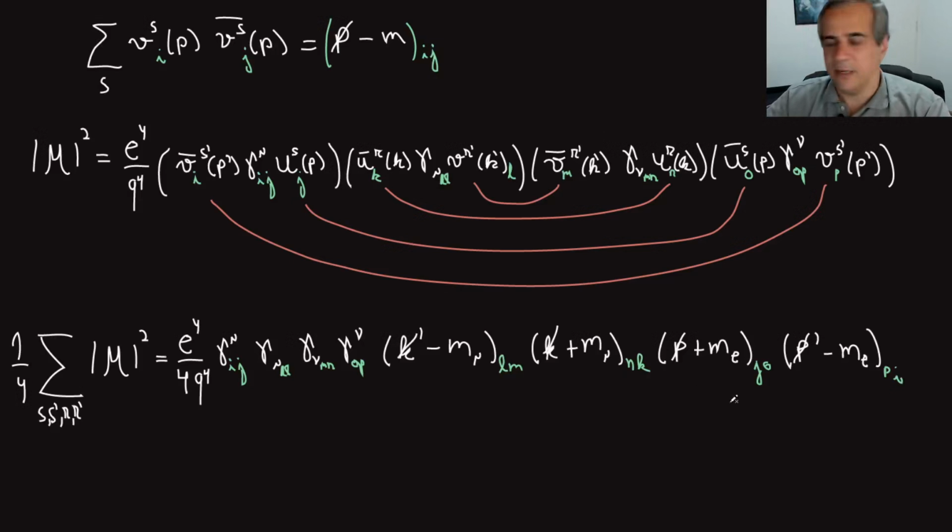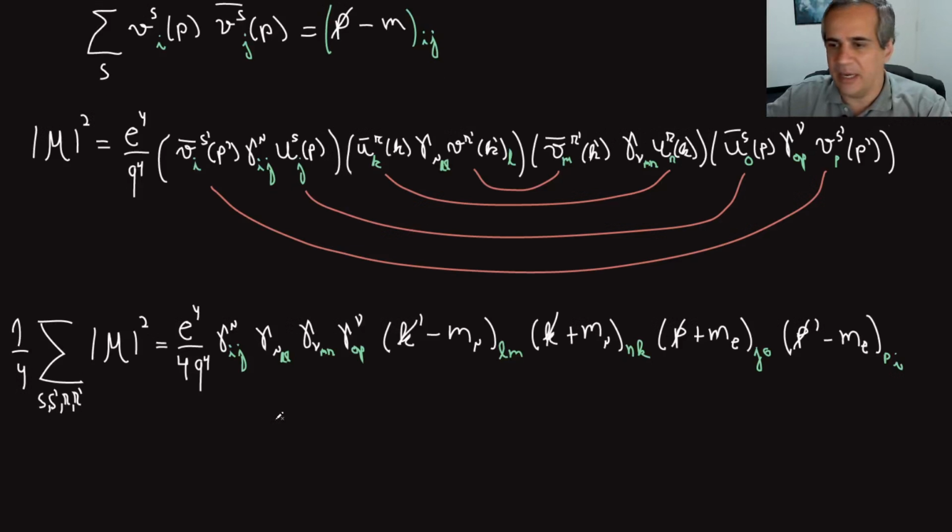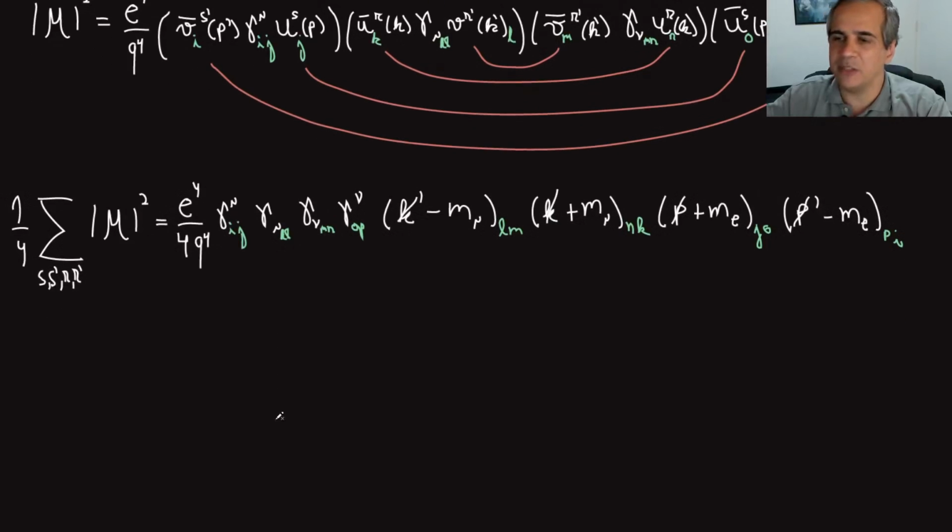Now, I have to look at this carefully, right? And identify the matrix contractions, right? I want to get rid of all these green spinor indexes, right? And that's easy enough to do. Let me do that real quick.